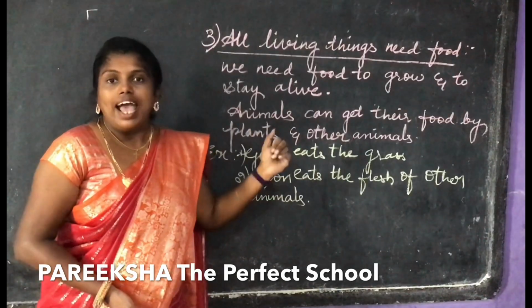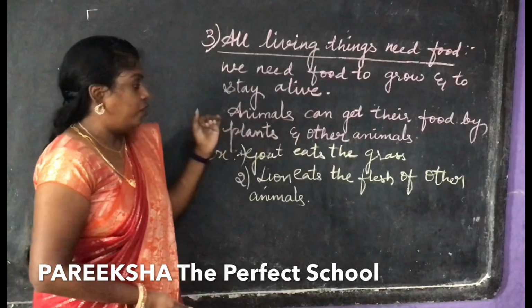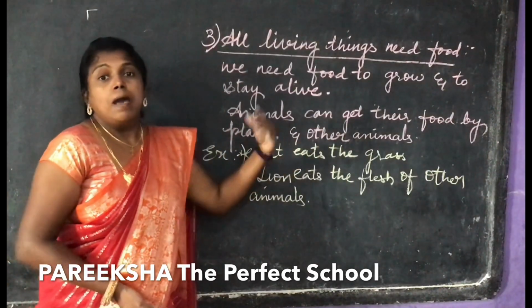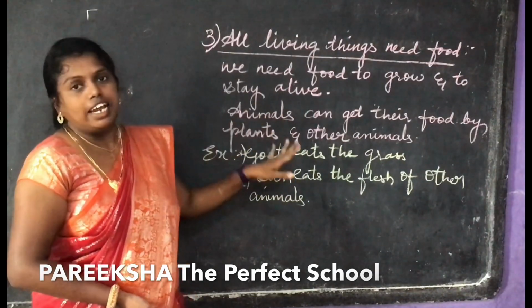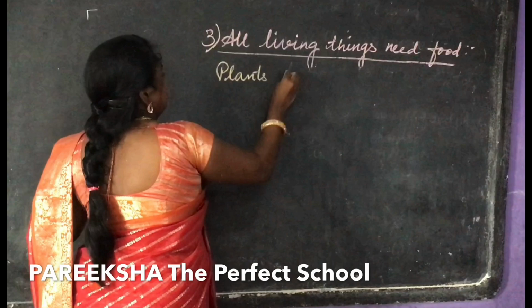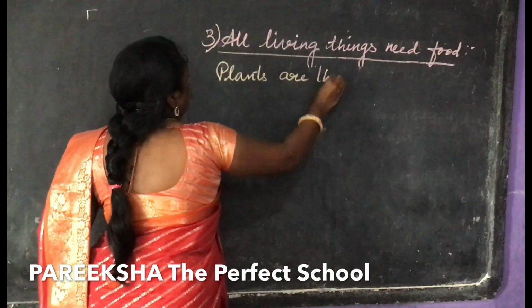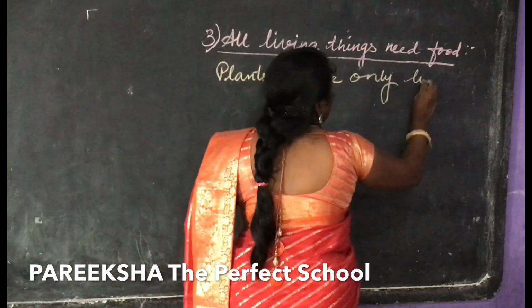Whereas plants can make their own food, and they can give food to many living beings like animals and human beings.